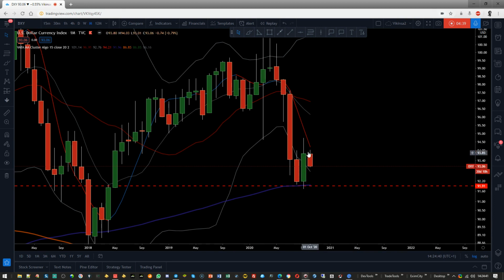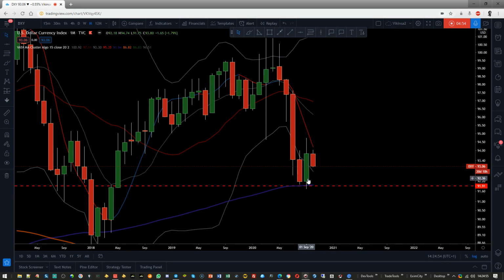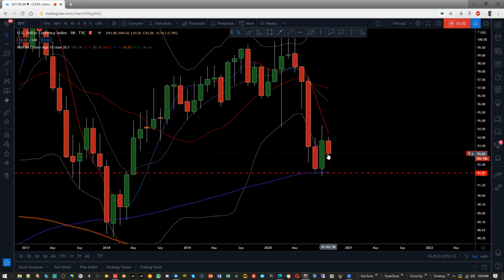Now, the September month failed to close above the August month high, and that is why I mentioned at the start of October that we could see some bearishness in the dollar. Even though this looks like an engulfing candle, it is not, because it failed to close above here. So this bearishness is there, and it can continue for a few days, or in extreme cases it can come down to near the 90 level.